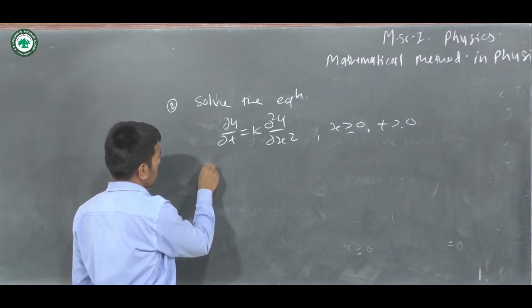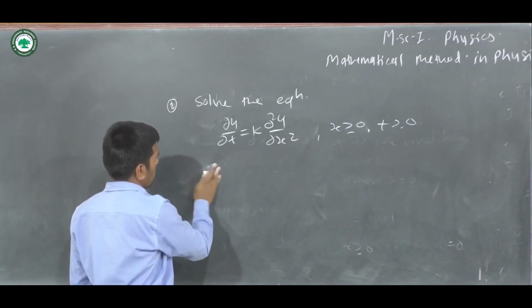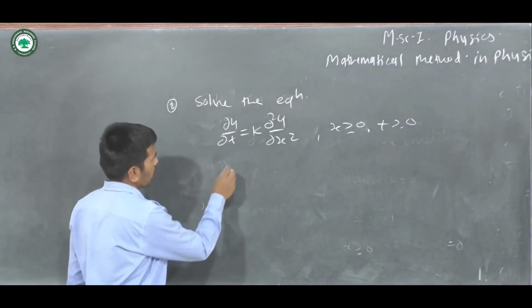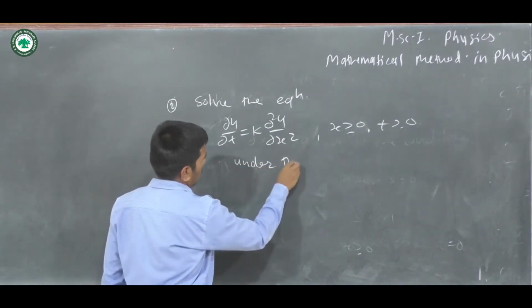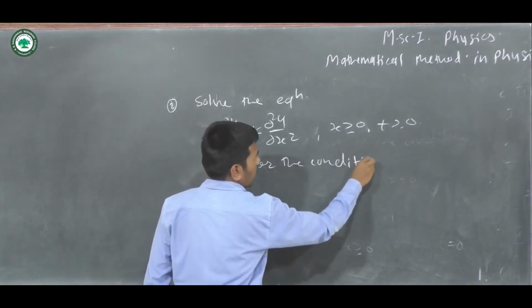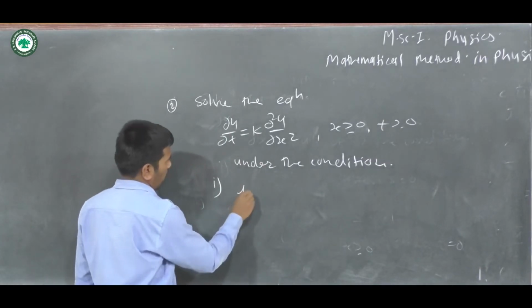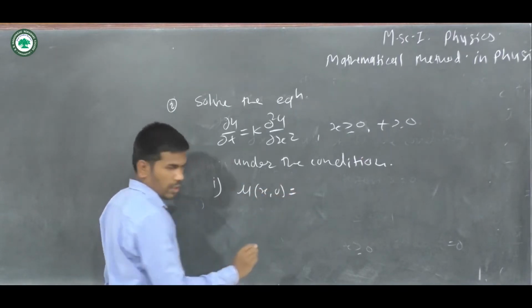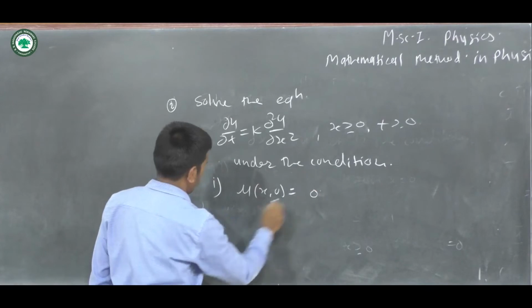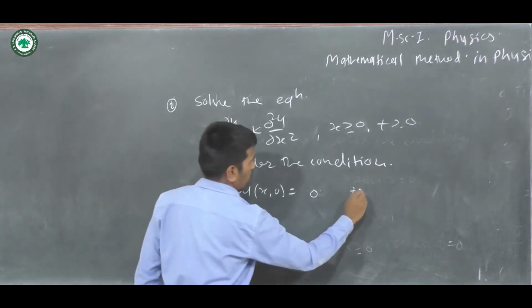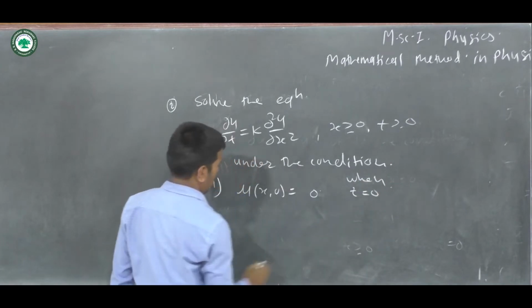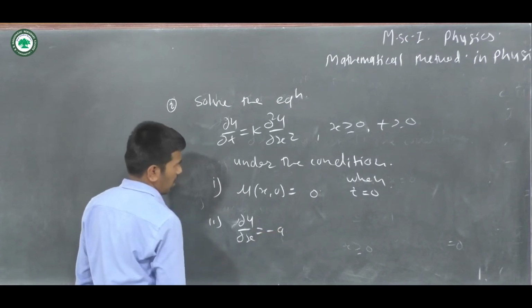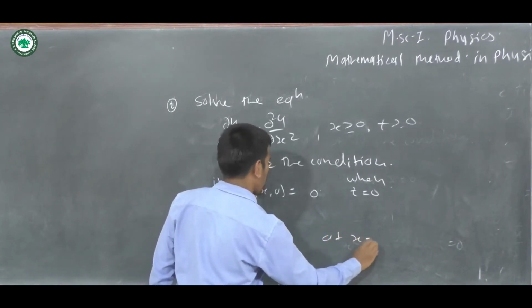So they have given the conditions. First, u is given at t is equal to 0 as 0, and dou u by dou x is equal to minus a at x is equal to 0.